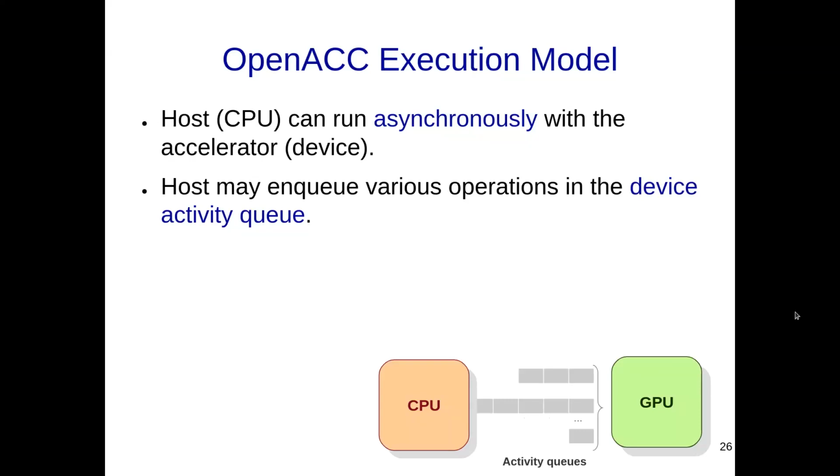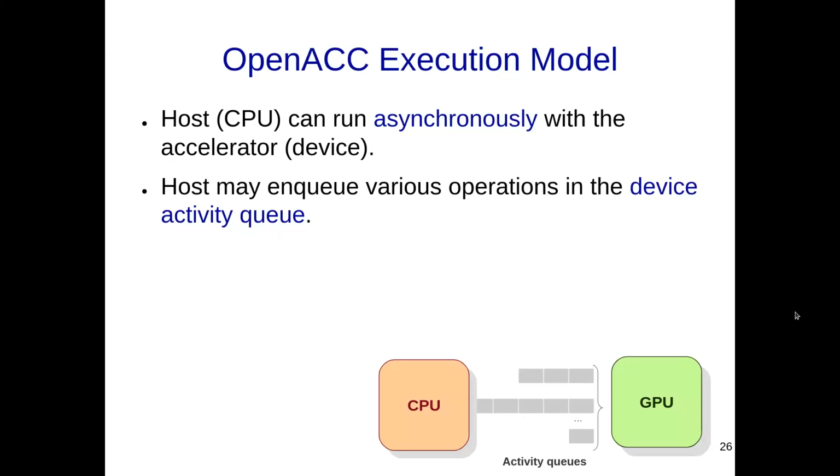When we are dealing with one single queue, that is one horizontal gray colored queue I am showing, all the operations within it are executed sequentially by the GPU.